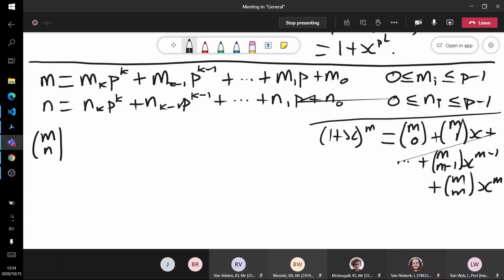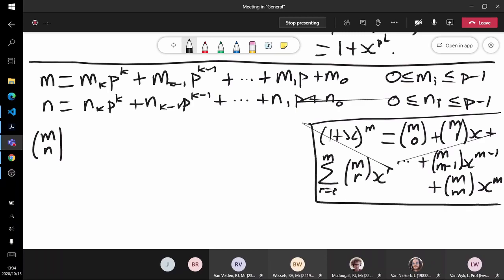Or in other words, the sum over r from 0 to m of m choose r, x to the r. So we're going to use this binomial theorem over here.